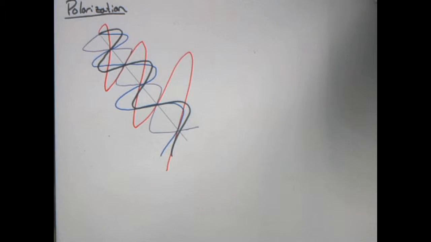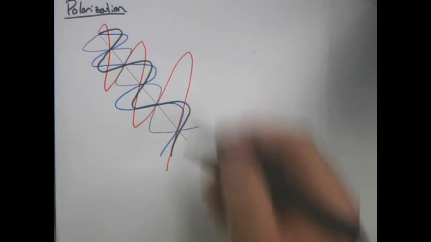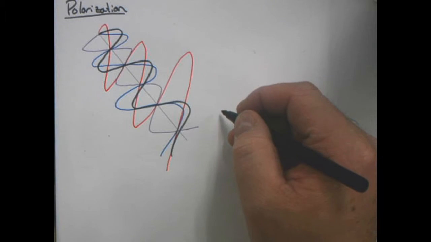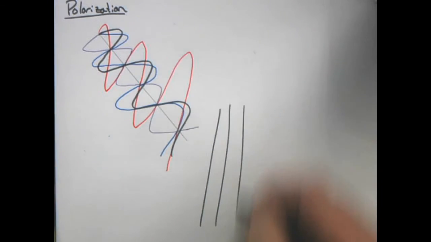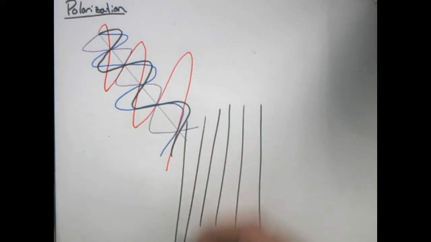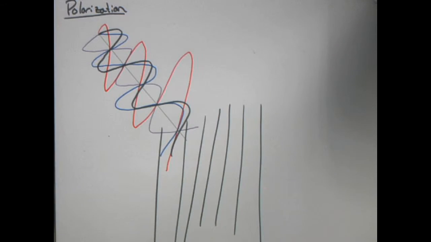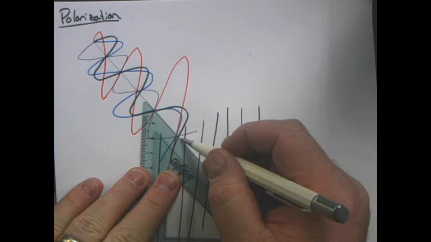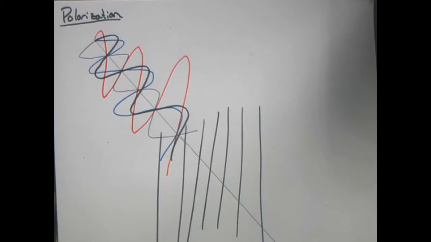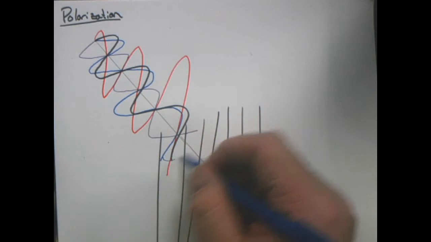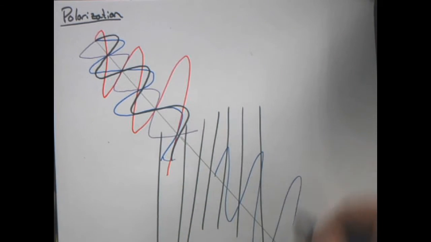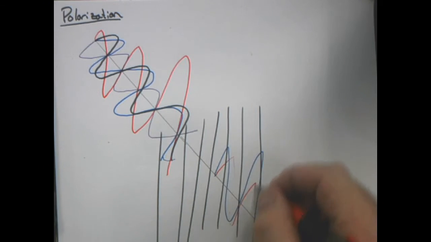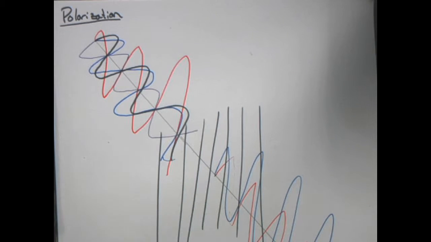Polarization is a filter that we are able to put onto the wave, so that once the wave passes through the filter, all of the waves are now in the same orientation.